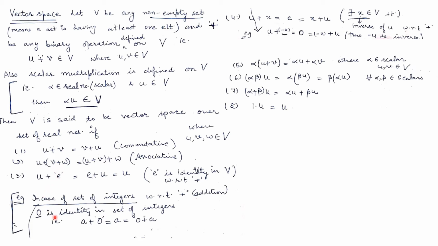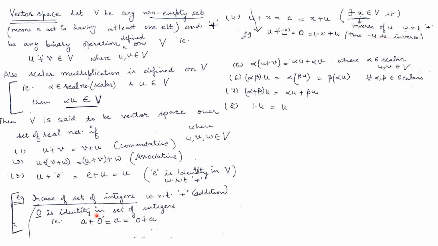Identity means, let's suppose we take the set of integers with respect to addition, right? So a is any integer. What should we add so that again we get the same number? So we can add 0. To 1, what do we add so that again we get 1? That means 0. So 0 is the identity with respect to the operation simple addition, right?